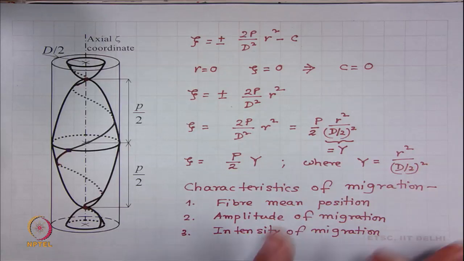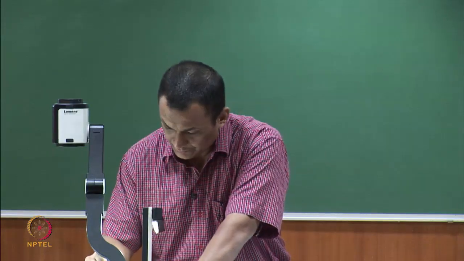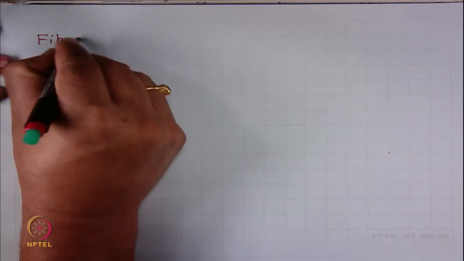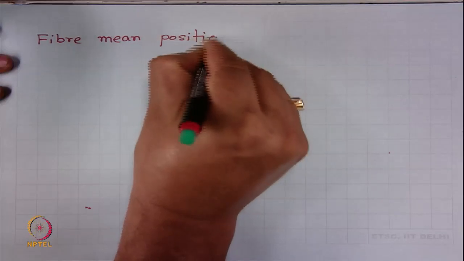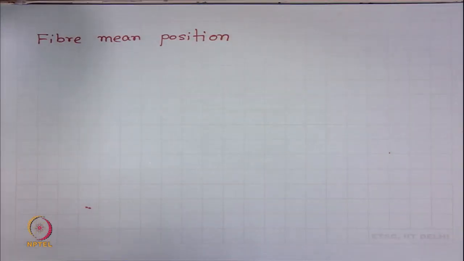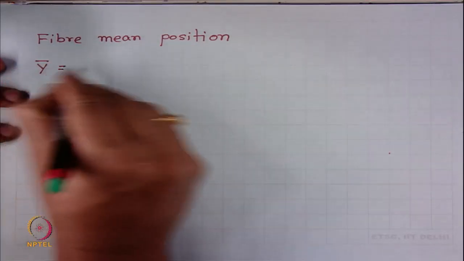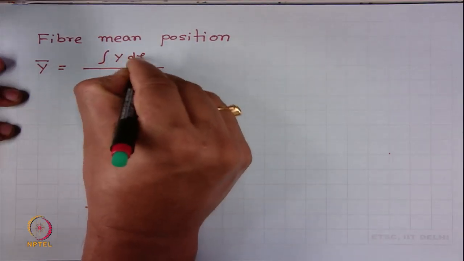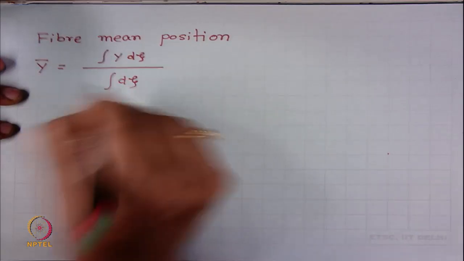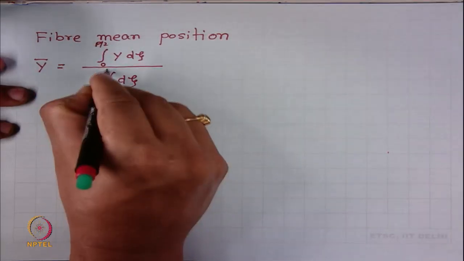First, start with fiber mean position. Fiber mean position is defined by y bar is equal to integral of y times d zeta divided by integral of d zeta, this is 0 to p by 2, this is 0 to p by 2.